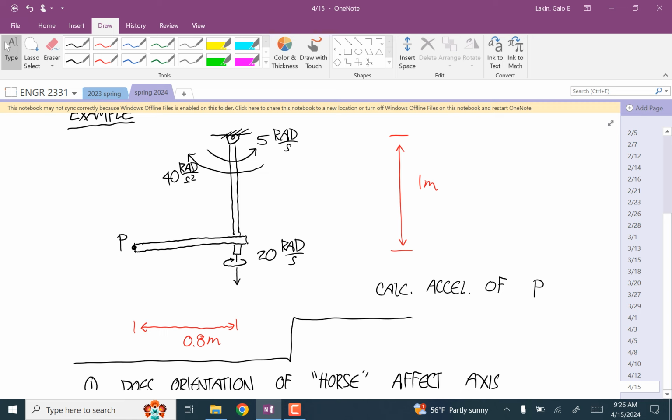So as this thing's moving around, the camera's moving around with it. And so all that camera sees, no matter what the horse is doing, is this P moving around the y-axis. Is the rod rotating as well? It's not rotating, but it's doing this. This thing is spinning around. Oh, I see, okay.